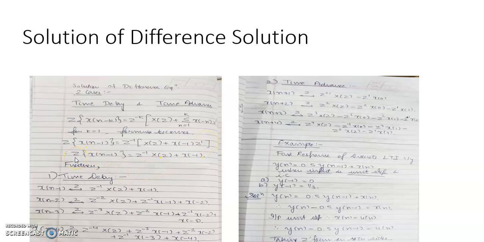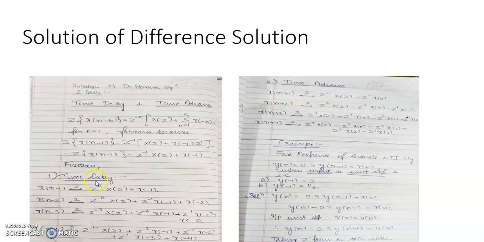Solving further, x of n minus 1 becomes z to the power minus 1 X of z plus x of minus 1, because z inverse and z to the power 1 cancel each other. Hence, whenever we solve x of n minus 1, n minus 2, n minus 3 or n minus k terms, the formula becomes z to the power minus k X of z plus the further extension.